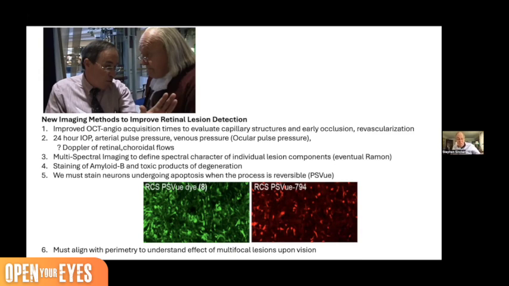So one that I'm sort of involved with is we can now develop it. It started as an intravenous injection, but now they're evaluating and finishing the animal studies to show topical, because it is absorbed through the blood-retinal barrier, so we can stain the neurons during the apoptosis.